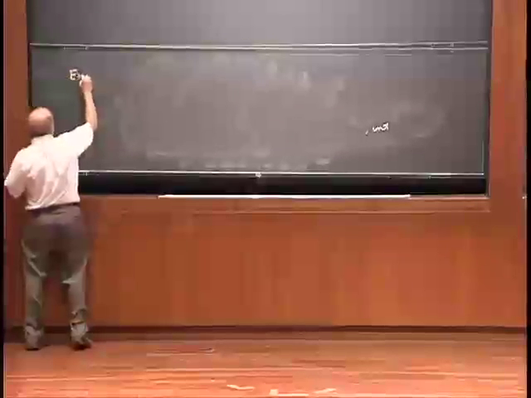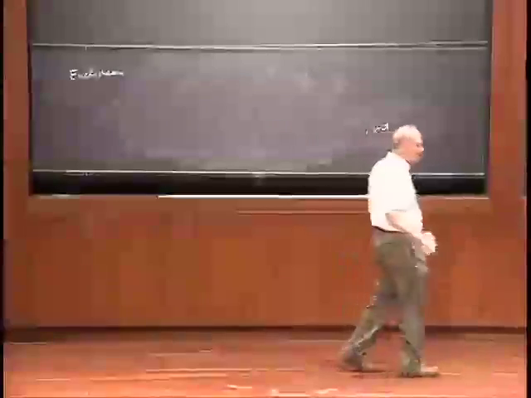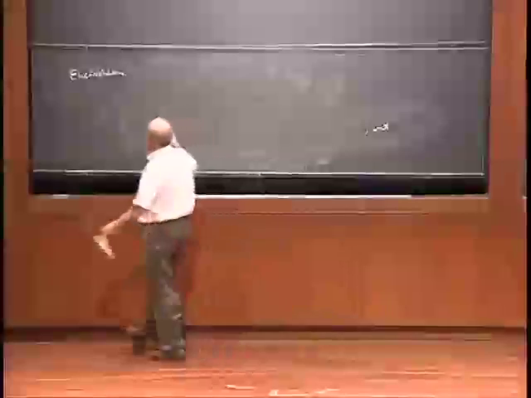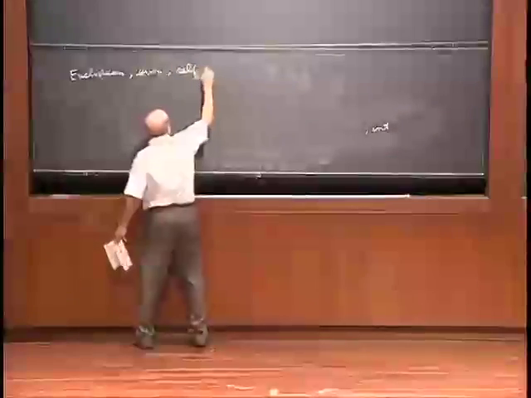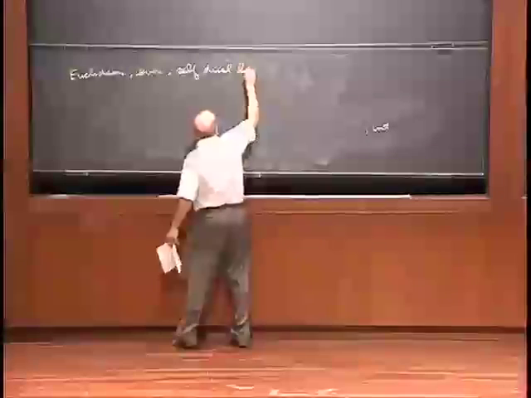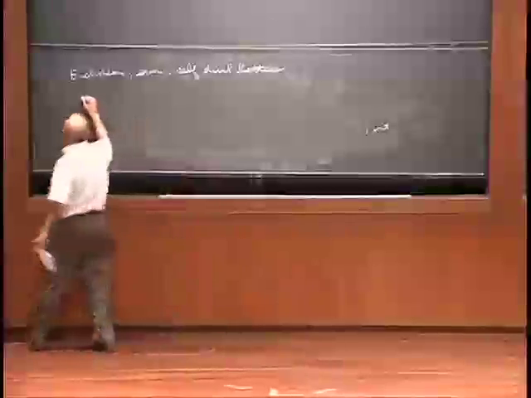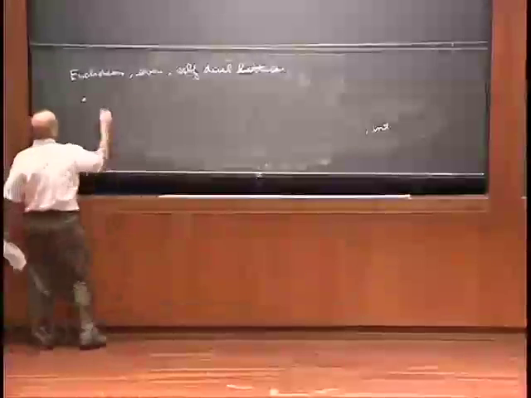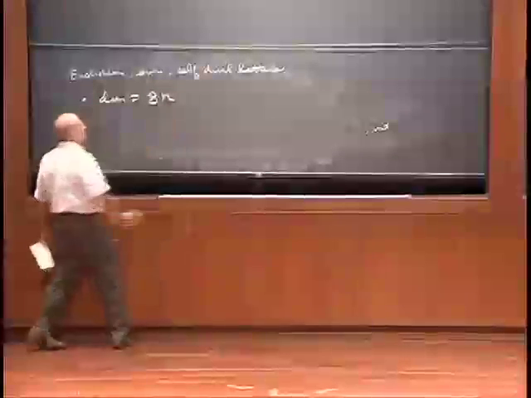So for the classification, I'll just talk about Euclidean. Euclidean just means that the metric for this lattice is positive definite. So for Euclidean even self-dual lattices, there are a couple of basic facts. Fact number one is that they only exist if the dimension of the lattice is 8 times an integer.